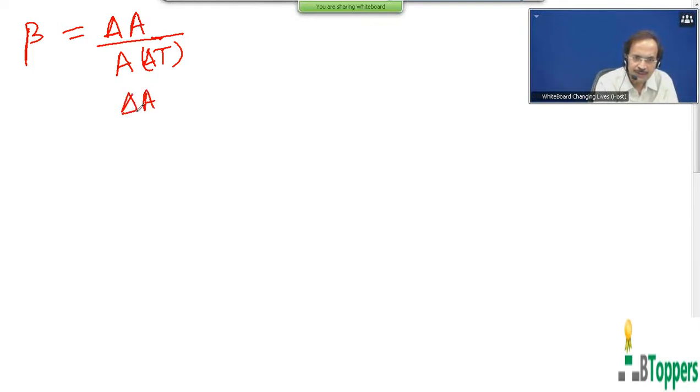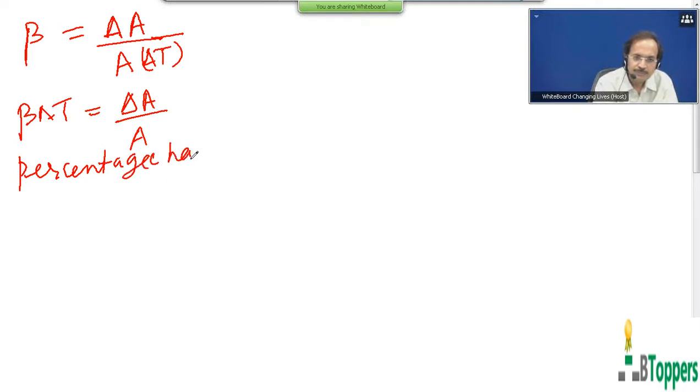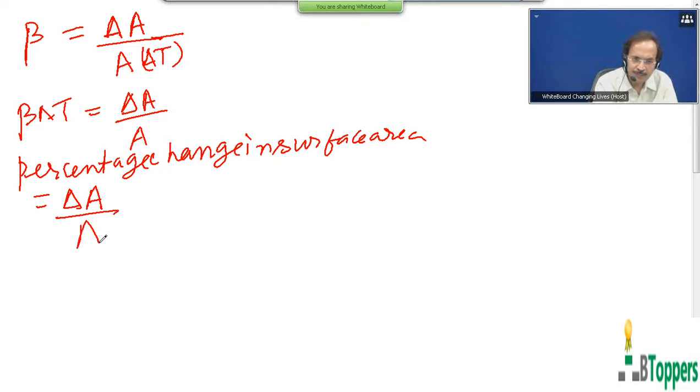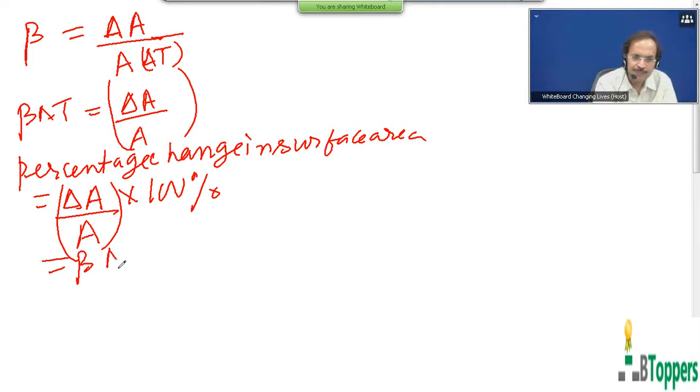So delta A by A is beta into delta T. The percentage change in the surface area of the solid when temperature changes is the actual change in the surface area divided by the original surface area into 100%. This delta A by A can be written as beta into delta T.